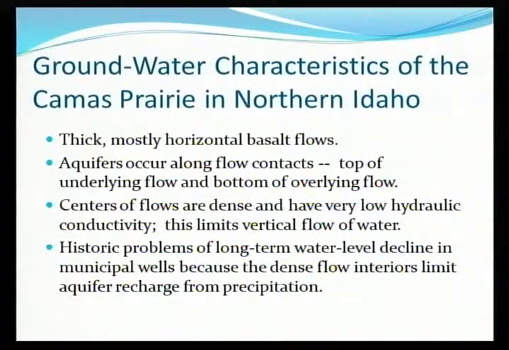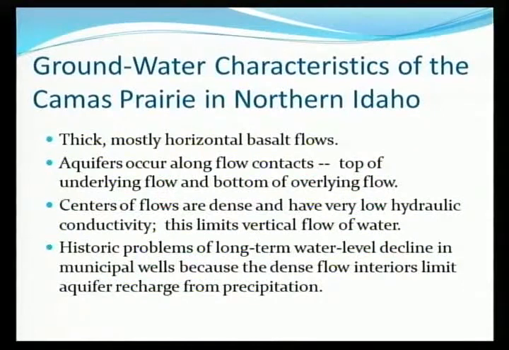Being a geologist and engineer, I focus on the hydrogeology, the groundwater geology of the area. The Camas Prairie is underlain by Columbia River basalts, mostly horizontal basalt flows that range in thickness from 50 to 250 feet.